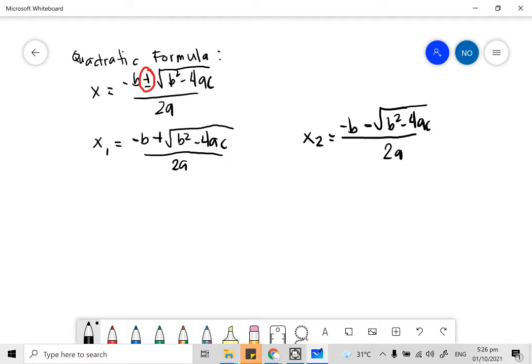Okay? So, ayan. Ngayon, ito yung temporary roots natin. Ito yung nire-represent ng dalawang roots ng quadratic equation natin.